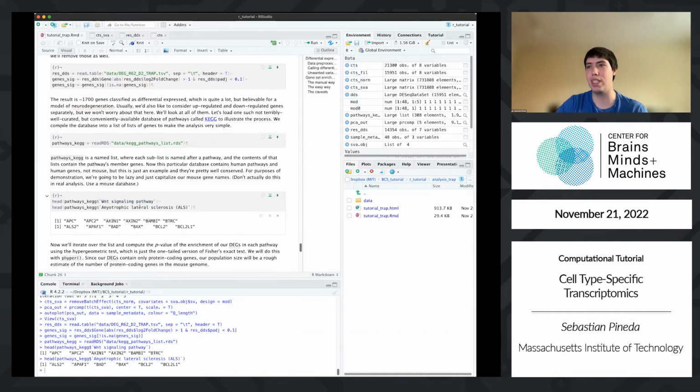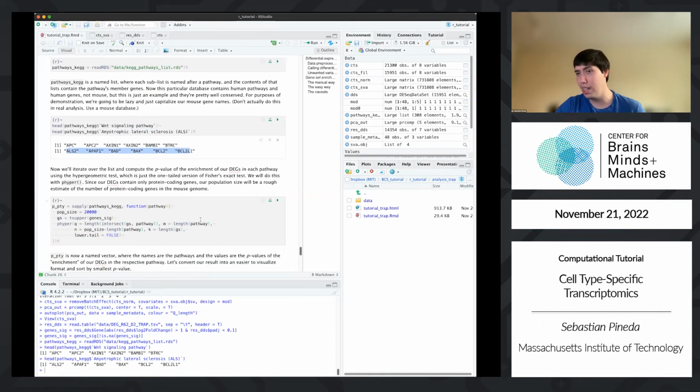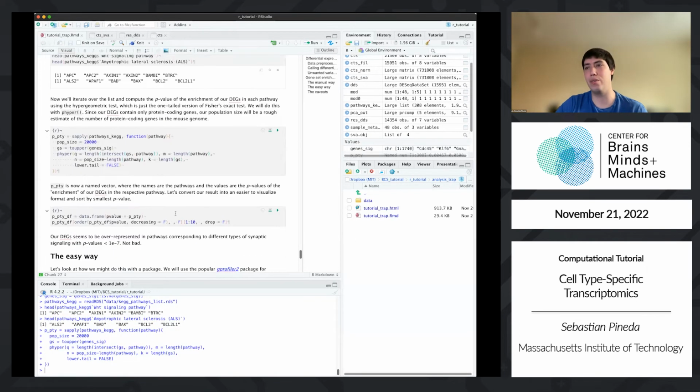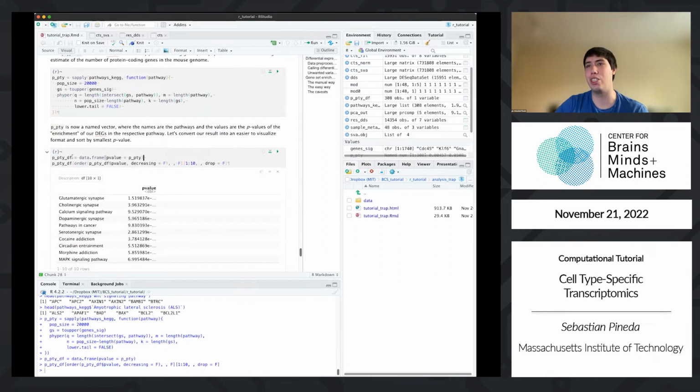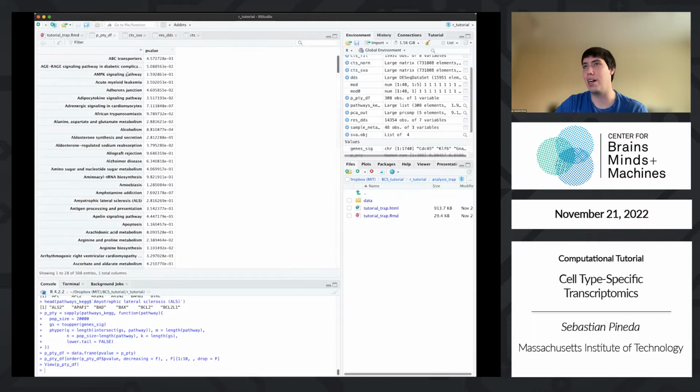So we have Wnt signaling. Here's 5 genes that are associated with Wnt signaling. Here's 6 genes that are associated with ALS. And now we do a simple hypergeometric test. And the end result is a p-value that tells us how enriched our differentially expressed genes are in these pathways.